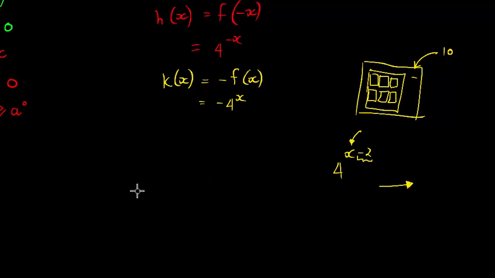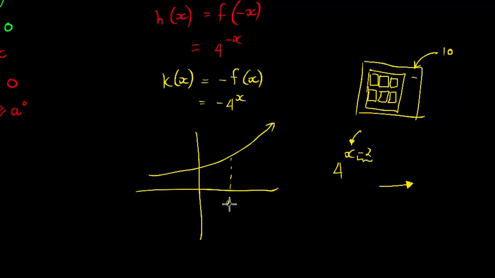Because, let me give you an example. The original graph looks like this. When x is equal to 1, y is equal to? The original, 4 to the power of x. When x is equal to 1, y is equal to 4. I just put a 1 in there. Okay. Yes. Now, the graph 4 to the power of x minus 2.